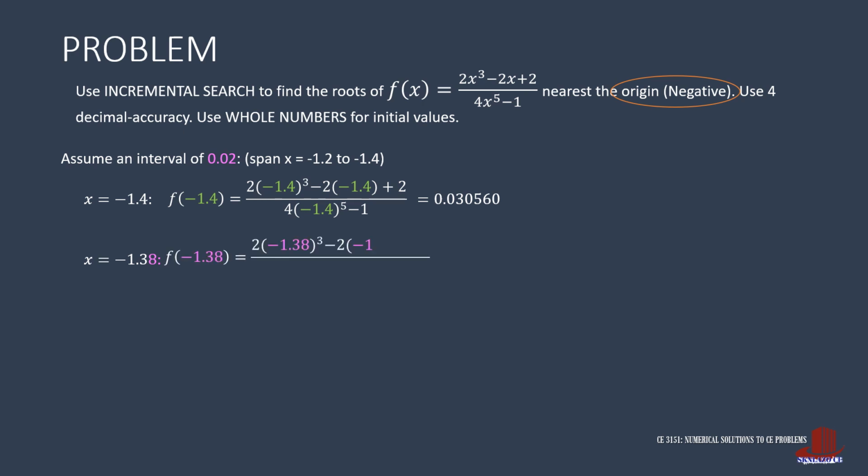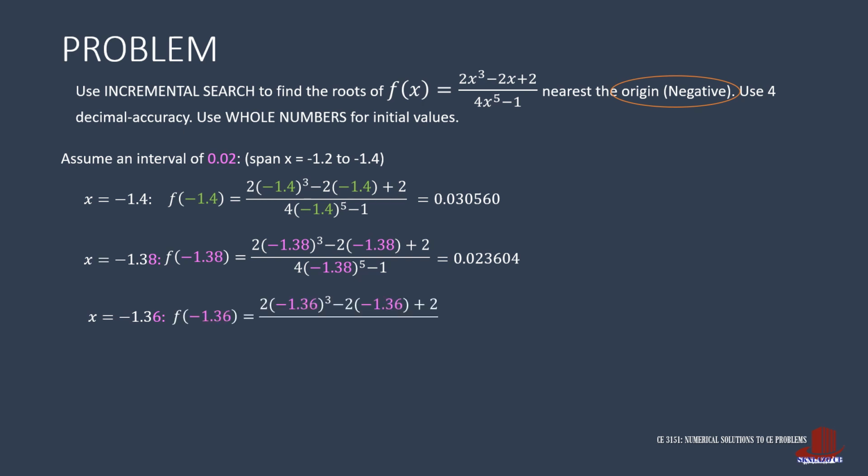The function then becomes 2 of negative 1.38 cubed minus 2 times negative 1.38 plus 2, divided by 4 times negative 1.38 raised to 5 minus 1, simplified as 0.023604. The next iteration uses negative 1.36.